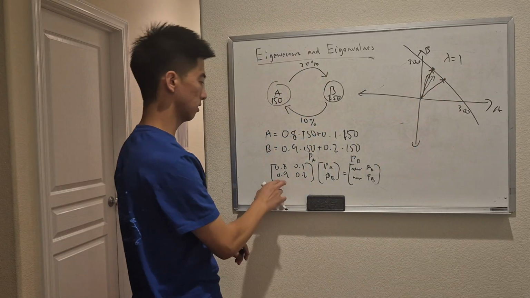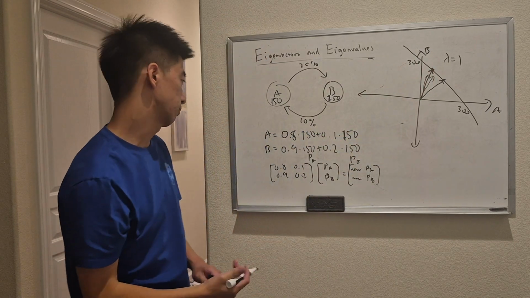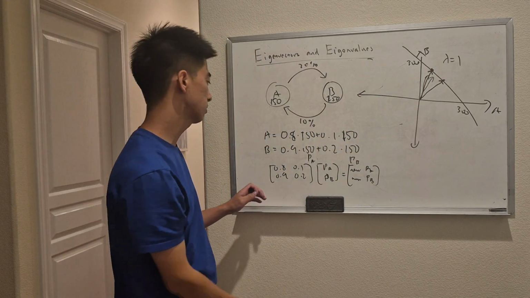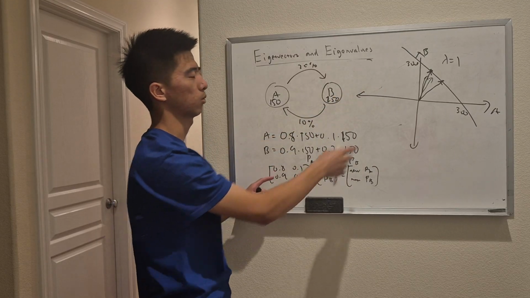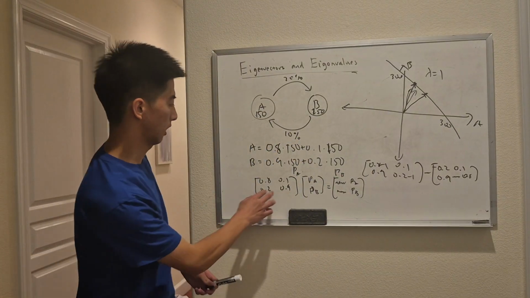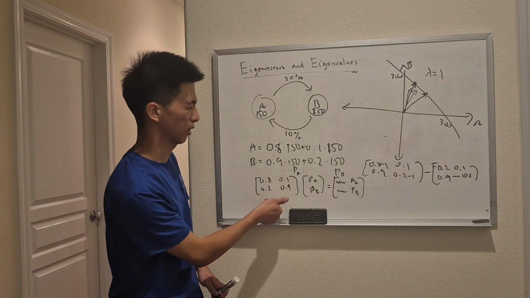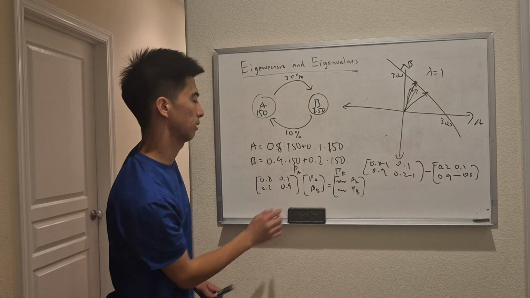And so now we can solve for this vector here. You can also do it with just pure algebra, but I want to show it with eigenvalues. So remember A minus lambda I, so we subtract lambda I, which in this case is just the identity matrix. Alright, slight mistake, we want to solve below 0.9 and 0.2 so that they match up to 0.2 PA and then 0.9 PB.